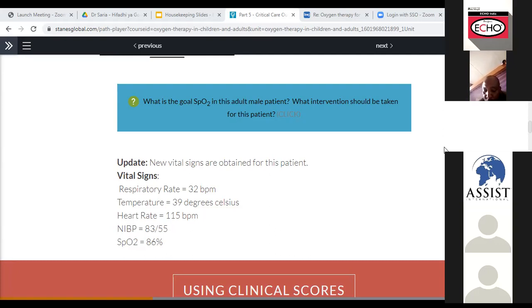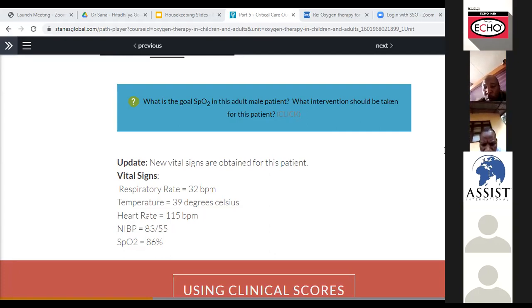Having fevers and low blood pressure, there are so many issues you need to deal with. We are discussing oxygen, yes, but this patient needs other interventions, not only oxygen, because you can see the blood pressure is dropping. If you are not careful, you may lose the patient. So you have to manage the patient in totality.